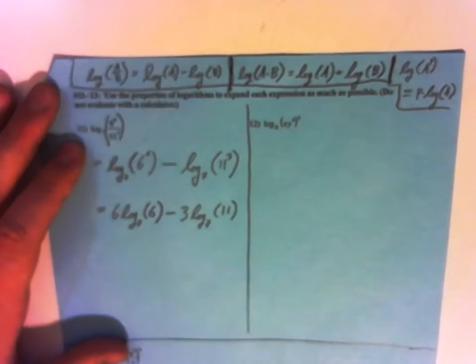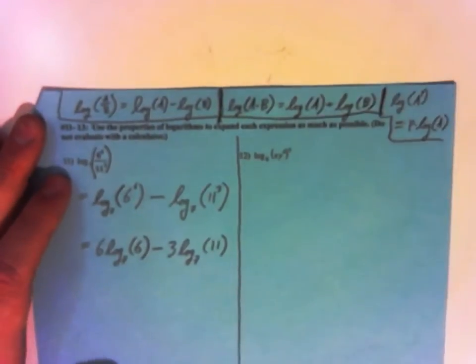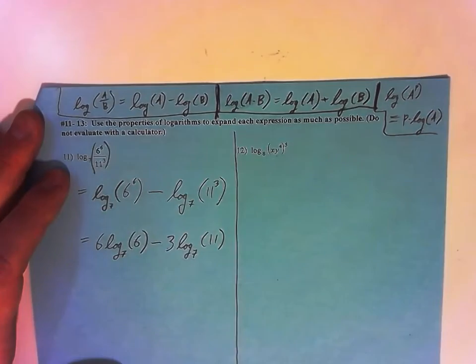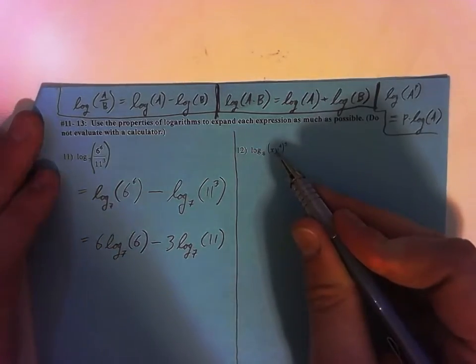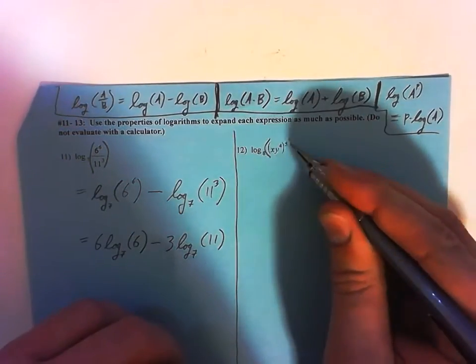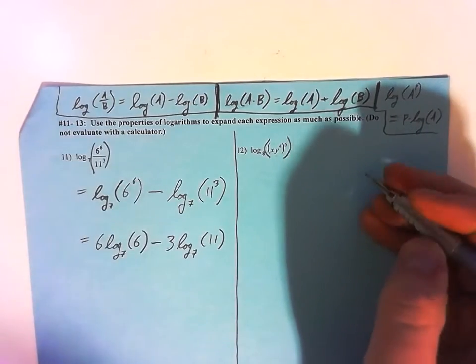Okay, so those are the 3 properties we're using, which hopefully you had written out with examples in your flip chart thing. Okay, so this one, there's a couple ways you could do it.